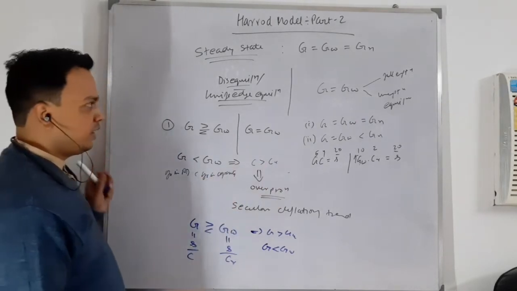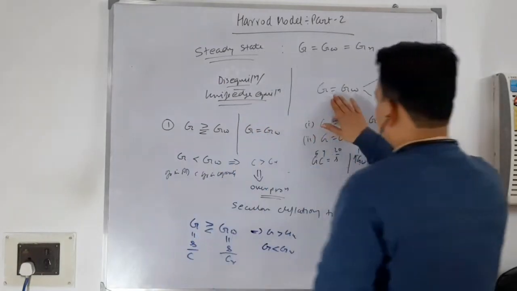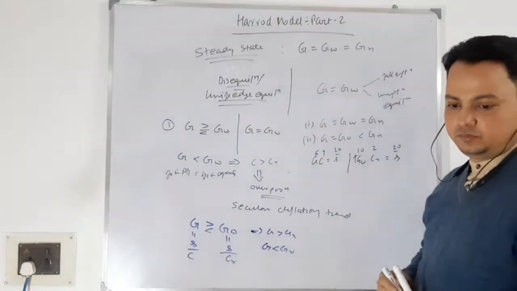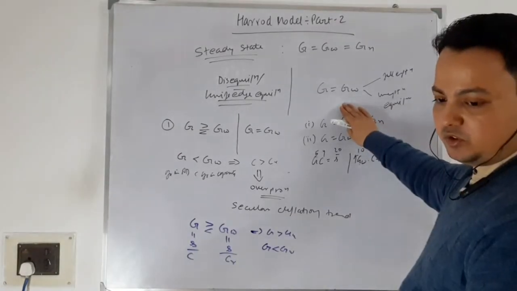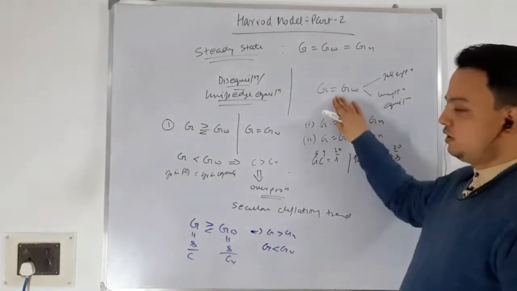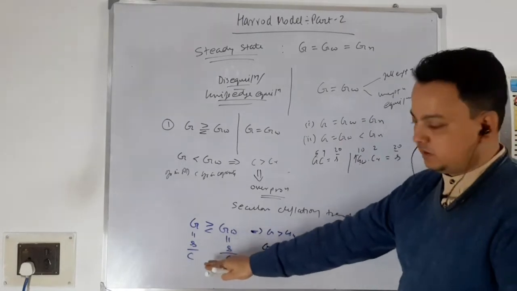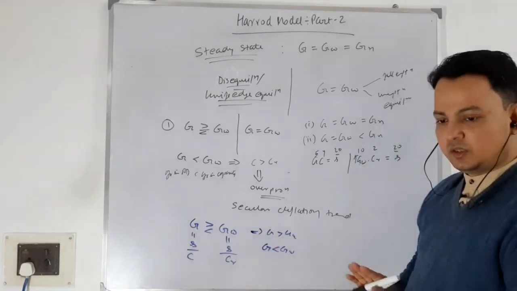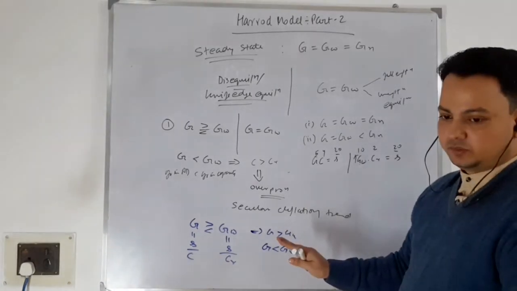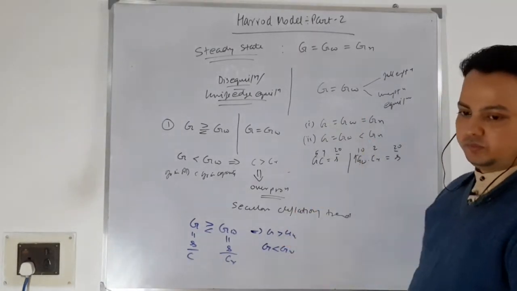That is why this equilibrium is called the knife-edge equilibrium. If there is a deviation, the economy will not come back to this equilibrium because there is no mechanism. The capital-output ratio is constant, saving is given. There is no variable in the model that will equate these two.